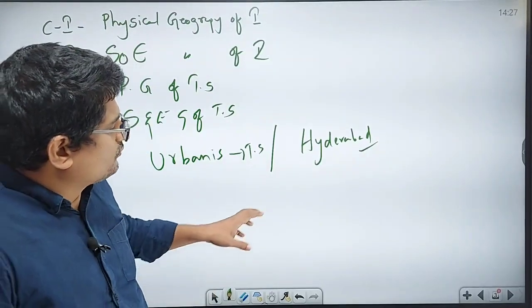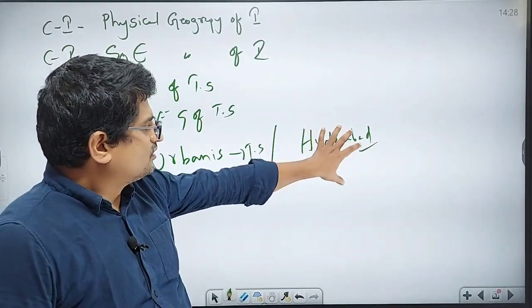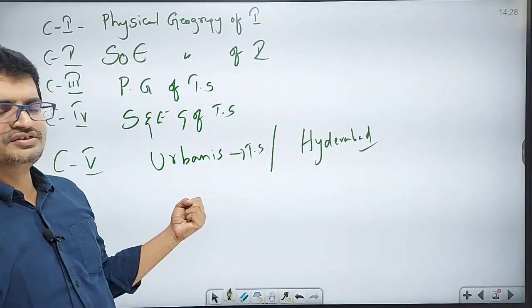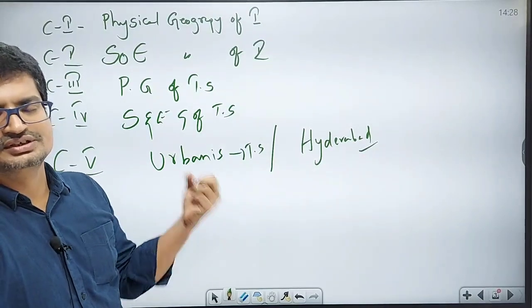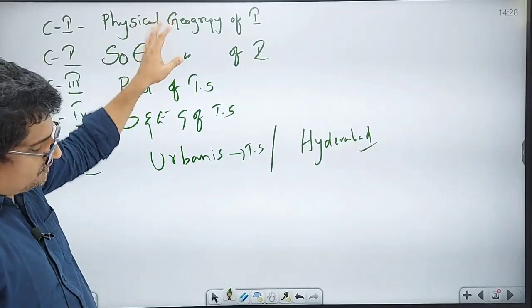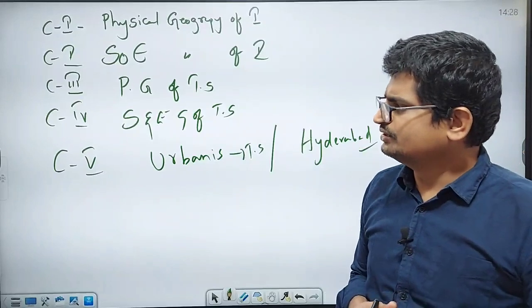So most of the topics of chapter 5 are about Hyderabad, including urbanization phases in our Telangana state. These are the 5 chapters. The syllabus is available on the net and the TSPSC website.